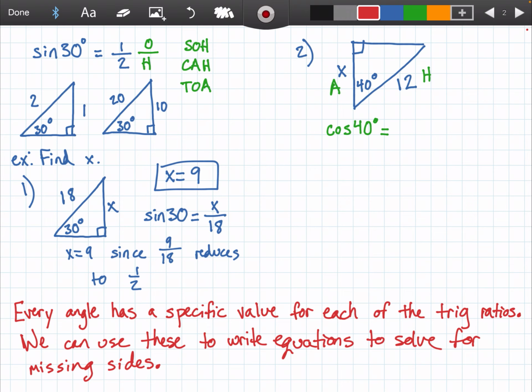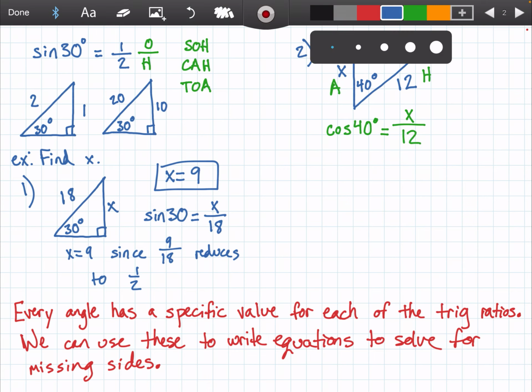All right, so here's what I'm talking about. Let's go back to number 2. Cosine 40 is a very specific value. And cosine, I know from SOHCAHTOA, is adjacent over hypotenuse. So we know that's x over 12. Well, because cosine of 40, that's a value. It's not cosine times 40. It's cosine of 40 degrees.